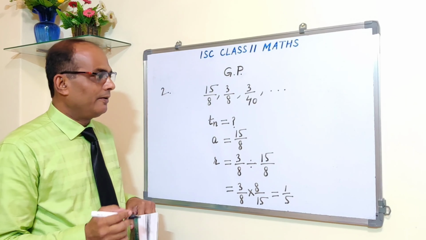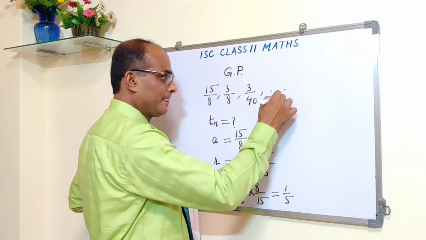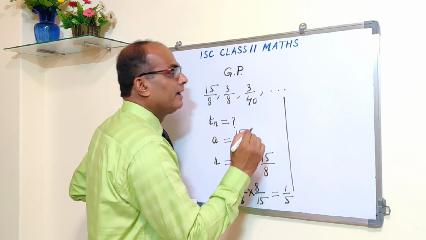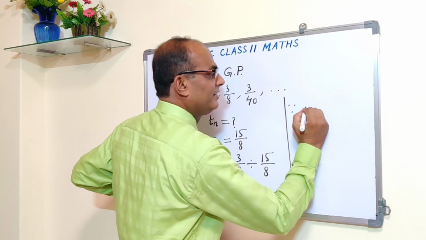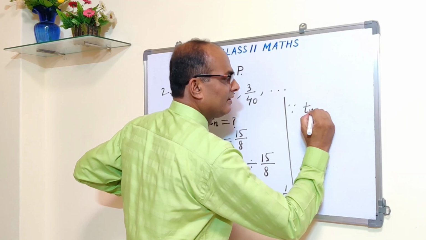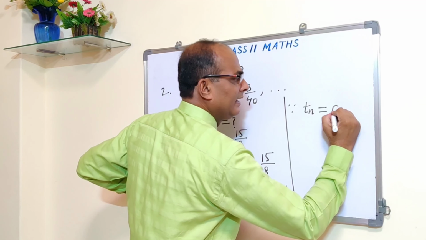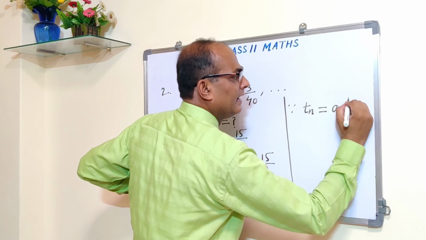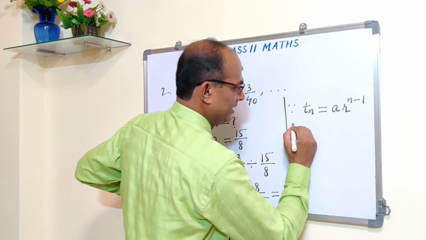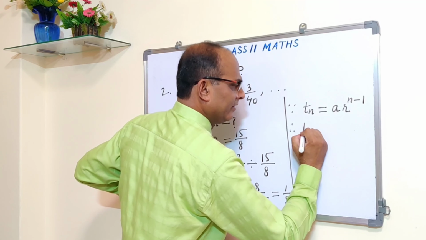Now we can use the formula. The formula is Tn is equal to A R raised to the power n minus 1, since Tn only we are finding out.